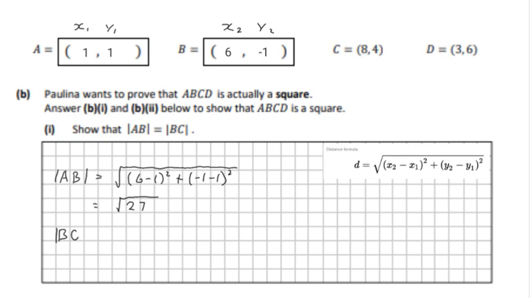Now on to BC, so we're going to use the same system. So we can see here we have x1, y1 and x2, y2 over here.